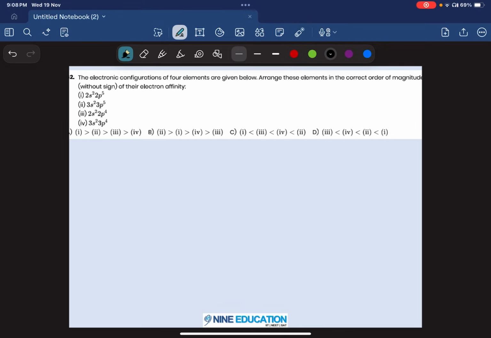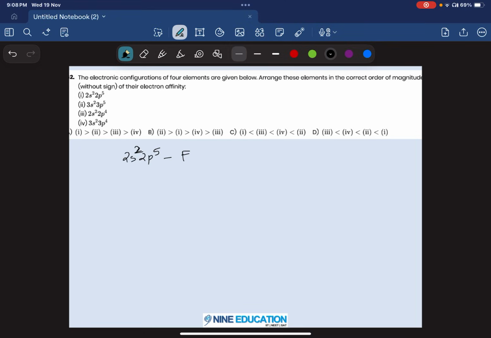Then question number 62. The electronic configuration of four elements is given below. Arrange these elements in correct order of electron affinity. Just identify what elements those are. 2s2 2p5. What is that element? 2s2 2p5 is second period and it is the valence shell. Since it is the valence shell, it has 7 electrons.